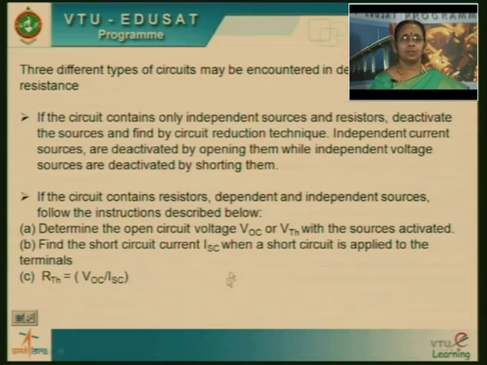Next, short the open circuited terminals and find out the current through that terminal, which we call the short circuit current. So initially we open circuit it to find the open circuit voltage, and then only short it, do not connect any resistor or impedance there. Just by shorting it, find out the current through that short, and that current is called short circuit current.